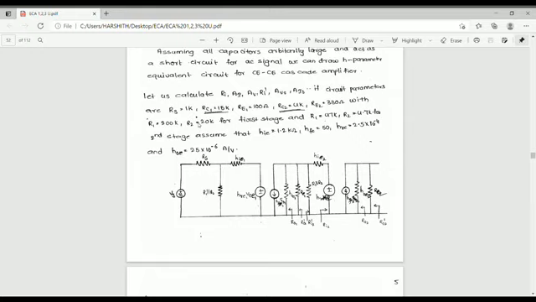For the first stage, the parameters given are R1 equal to 47k and R2 equal to 4.7k for the second stage.